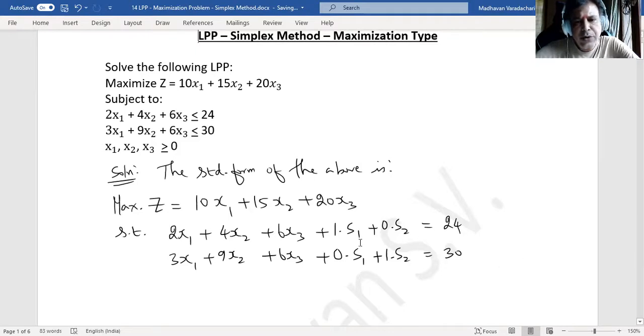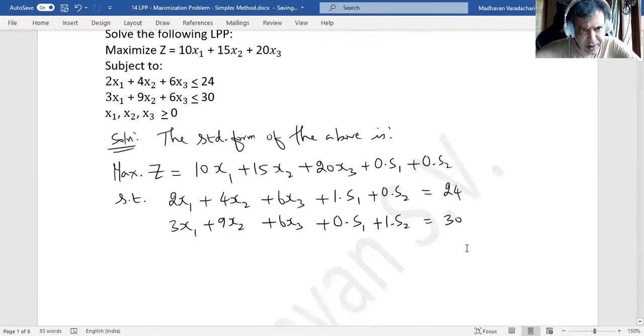Since we introduce these slack variables, I will also introduce the same in the objective function with zero coefficients. So it is 0 times s1 plus 0 times s2. This we call a standard form.